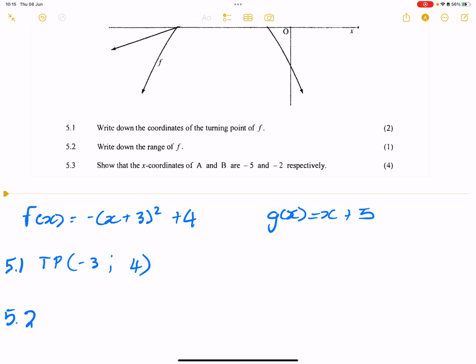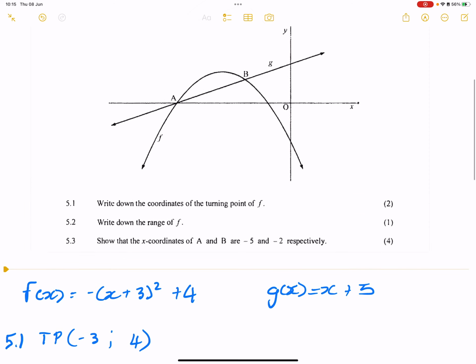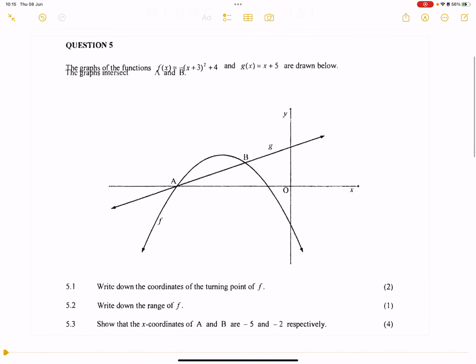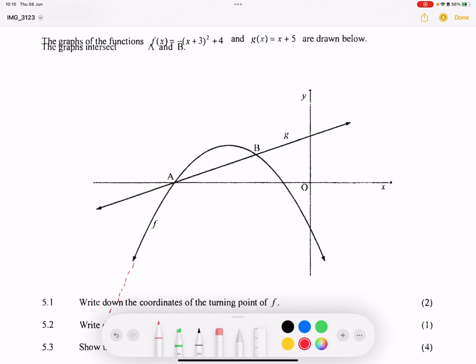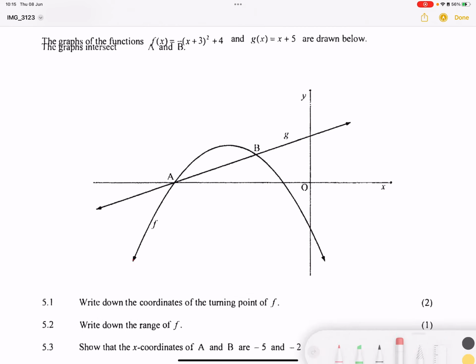Right, so the next question, they say write down the range of f. Now, remember, if we're looking at the graph of f, it starts all the way from negative infinity, right? When we're talking about the range, this is where the graph exists in terms of the y values. So for the y values, all the way from negative infinity, and what would be the maximum value at the turning point, where y is equal to 4.